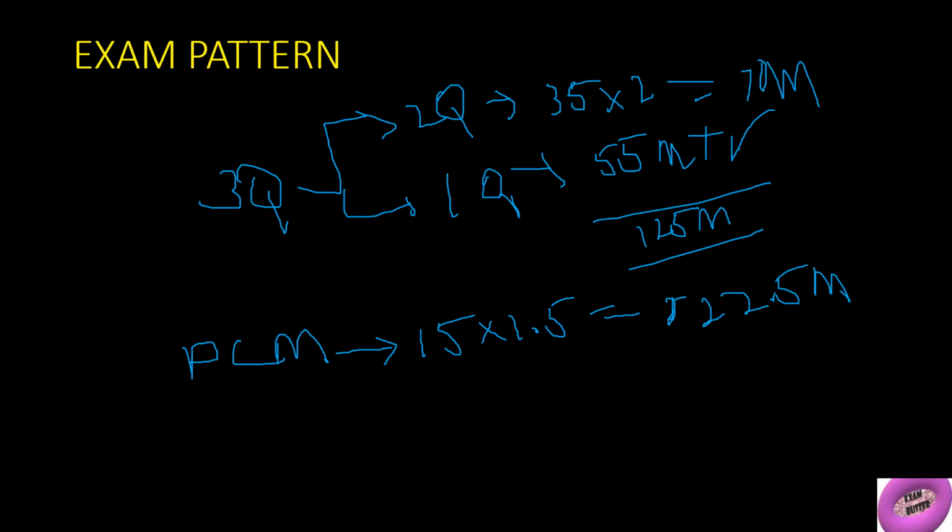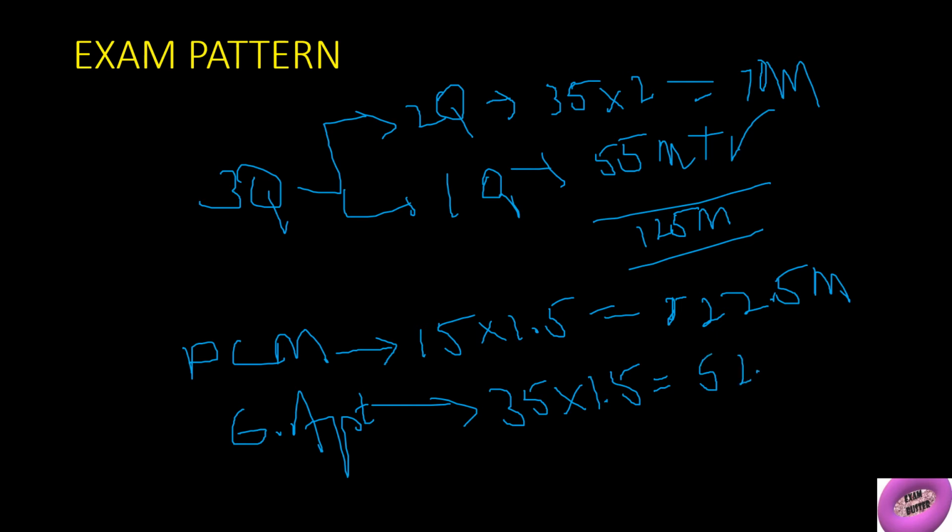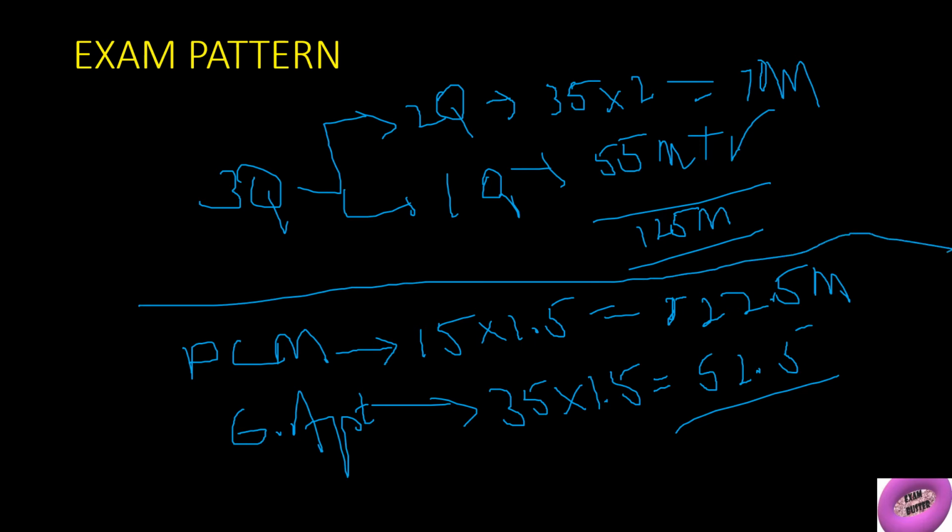And then you have another category, general aptitude. Here they are going to ask 35 questions. Each correct answer carries 1.5 marks, and the total is 52.5 marks. For the complete Part B, the total marks are 22.5 plus 52.5, which is 75 marks.